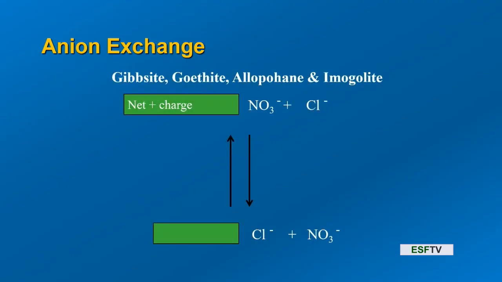What kind of colloids? So I did spend some time thinking about colloid types, and another reason to think about colloid types, there are some that are prone to this net positive charge under low pH conditions. And these are some of the iron aluminum oxides, gibbsite, goethite, also some of the non-silicate clays, allophane and imogolite.